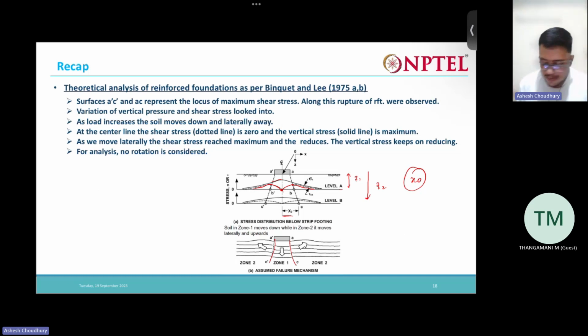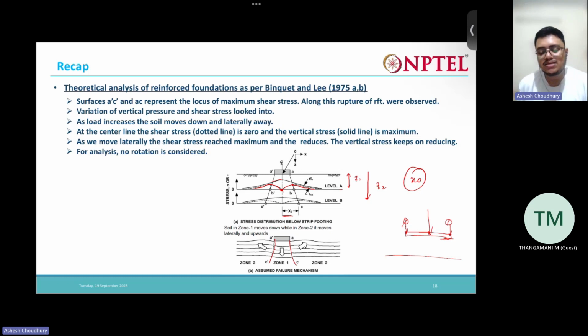But one more thing, generally what happens whenever we put some load, even if you do an experiment, say you're providing some load and you're measuring the displacement of the footing, the settlement of the footing at the two edges, left and right edges.